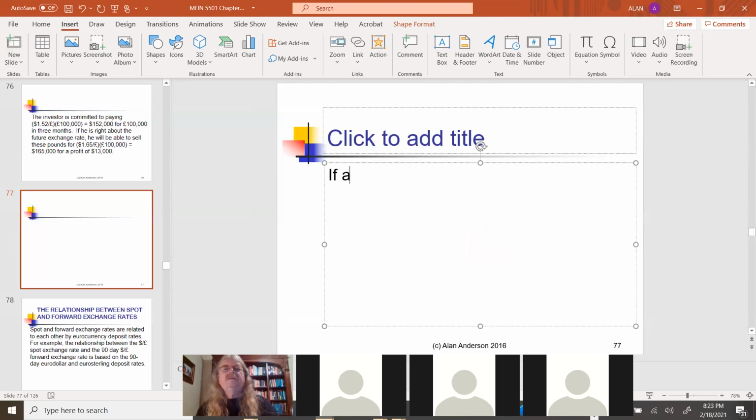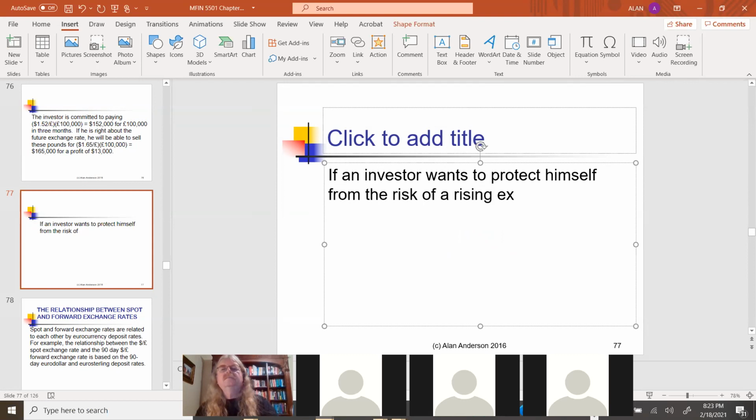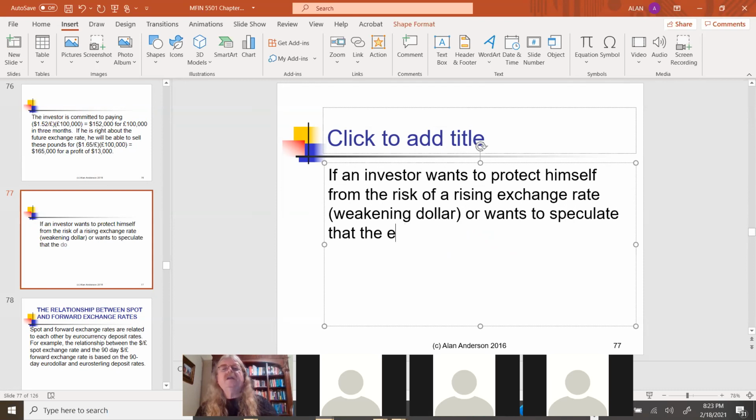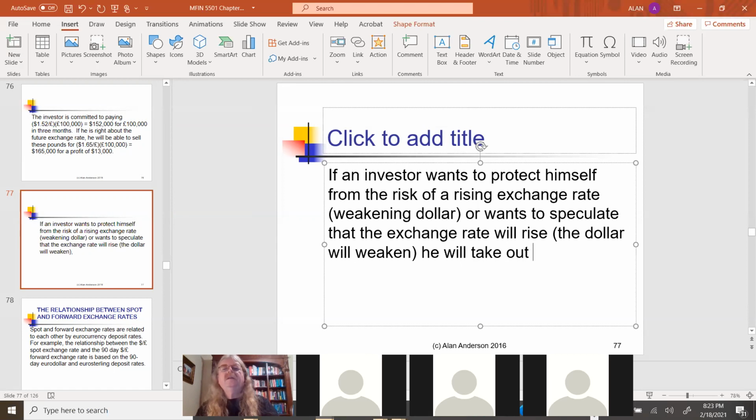If an investor wants to protect himself from the risk of a rising exchange rate, in other words, weakening dollar, or wants to speculate that the exchange rate will rise, the dollar will weaken, you will take out a long position in a forward contract.